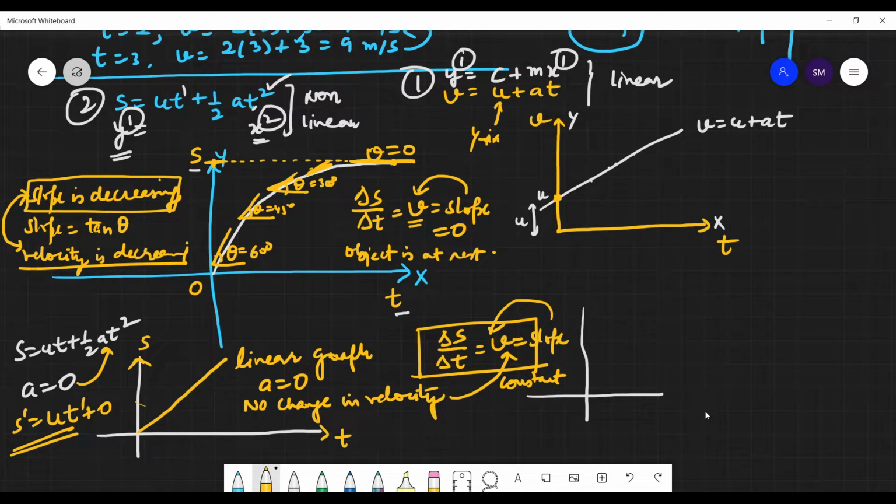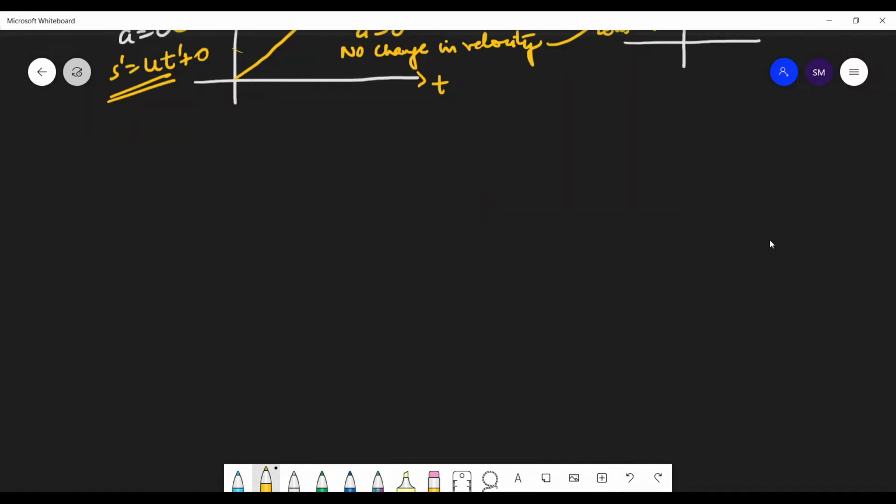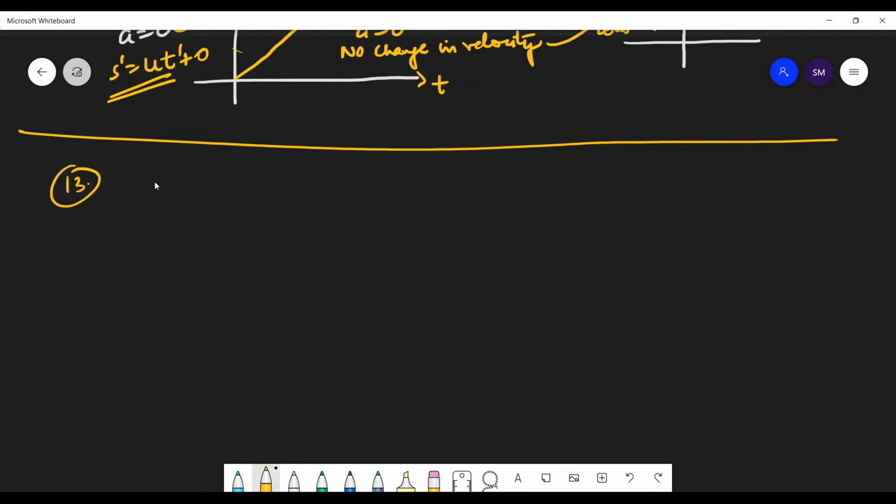Now let us do some questions based on the slope. Now you are very much comfortable with slope, I think. Yes, sir. So we have one question. If you have the NCERT book, it's question number 13.